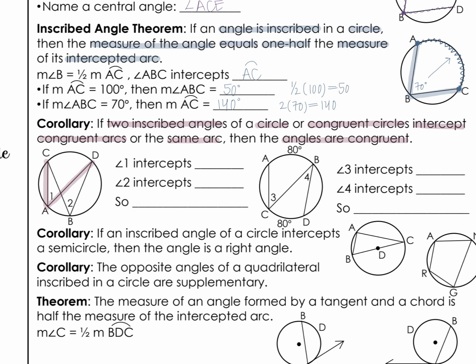My endpoints are going to be D to C, so that's the arc that it intercepts. Then angle 2 intercepts, and we'll notice that using those endpoints, we have the same intercepted arc from C all the way to D. So what can we come up with from that? Because they intercept the same arc, the measure of angle 1 is equal to the measure of angle 2.